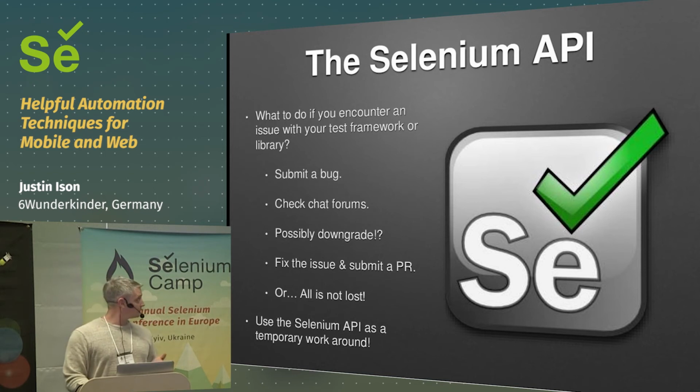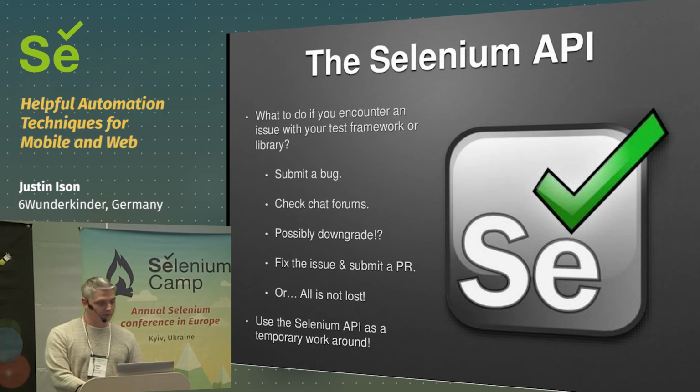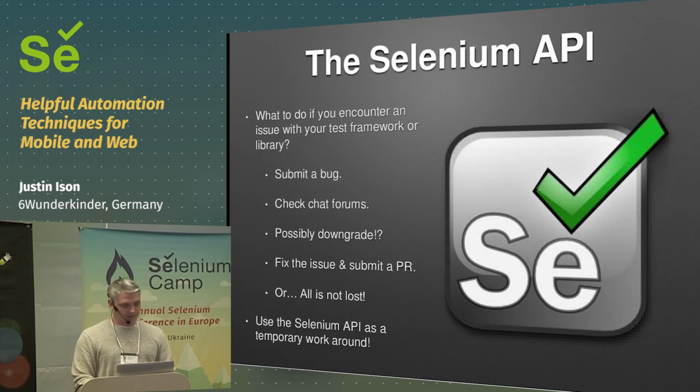You can submit a bug, which you should do. You could check chat forums. You could possibly downgrade, which is not very fortunate because there may be new features within that version that you want to use, so downgrading is not always a good choice. You can fix the issue yourself and submit a pull request.